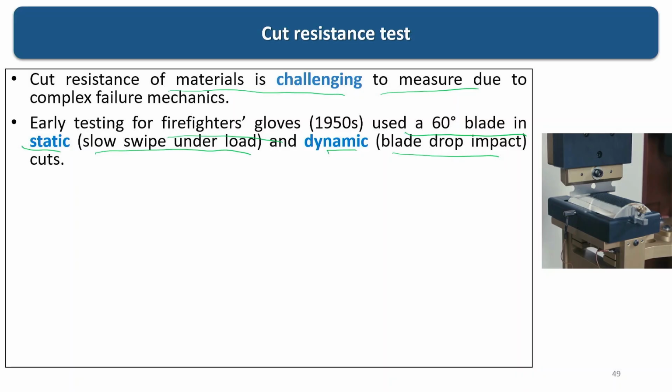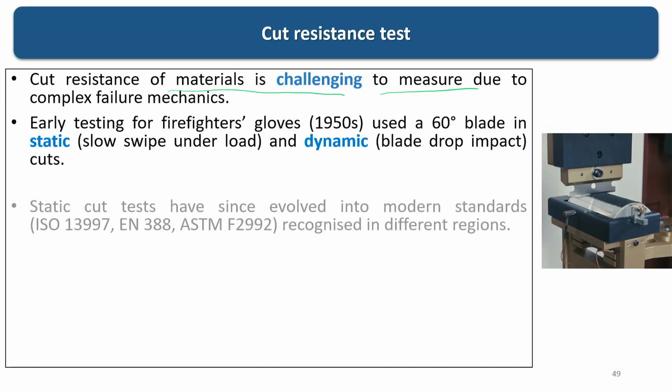So, a 60-degree blade slowly moving, static, and also dynamic, where a certain blade is dropped, a drop impact cut. That type of process was used, but that process had many drawbacks, was not acceptable and is not used at present.